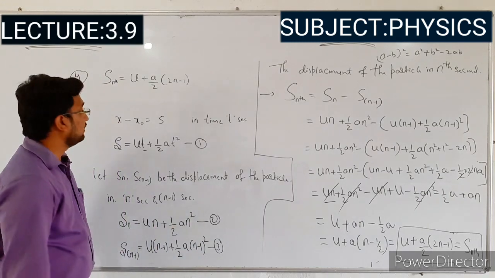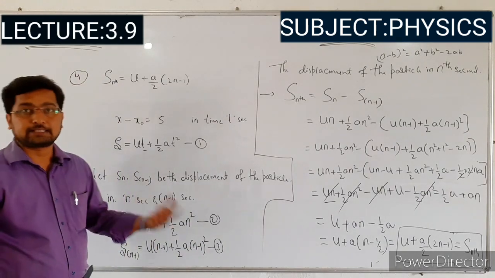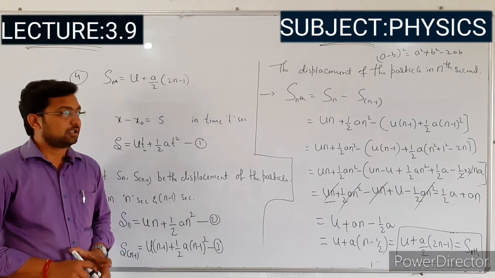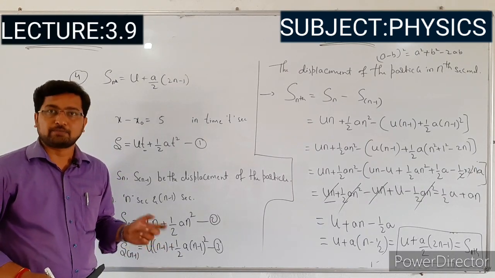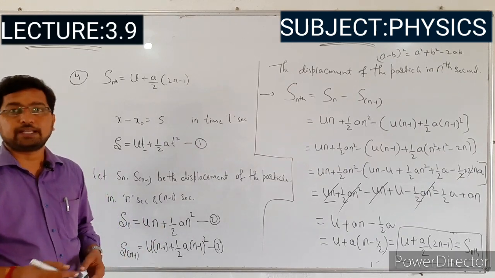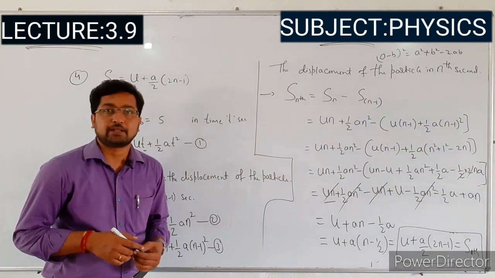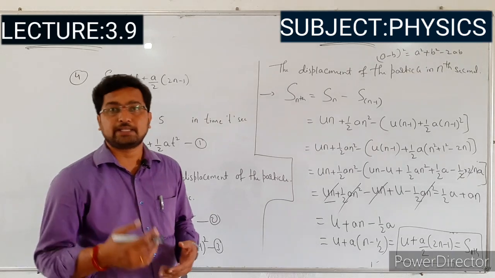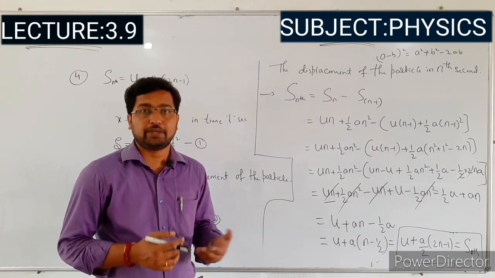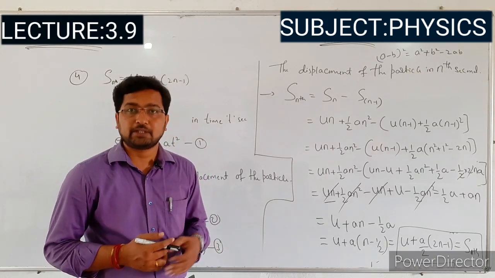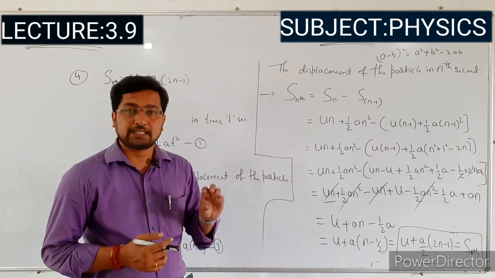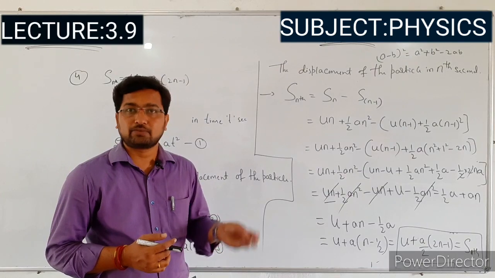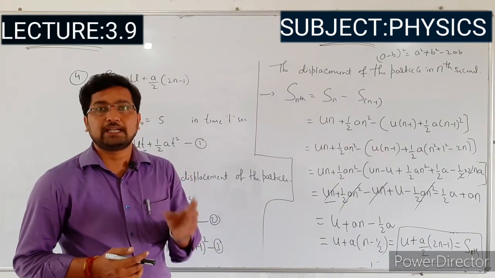Okay, see here. The first one. In this case, we consider the object is present at a distance x naught from the origin at the time interval of t equal to 0 seconds. After that, the velocity of the object at that point is v naught. After some time, the position of the object is x and the velocity of the object at that point is v at the time interval of t seconds.